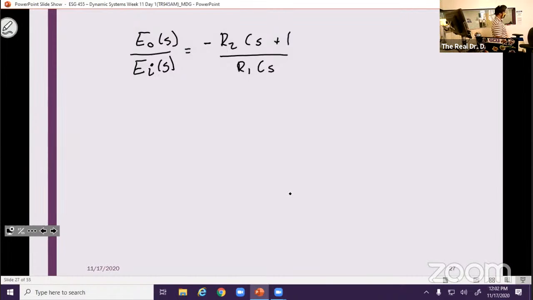That's the transfer function. That's what we asked to find, and we're good. Right, and so, it simplifies some really nasty looking expressions sometimes.